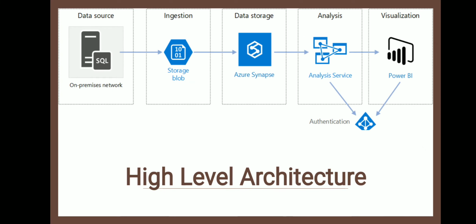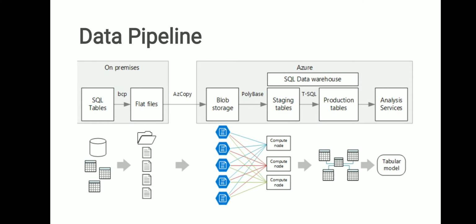Now we discussed the high-level architecture, the different components and why we are using different components in part 1. We discussed the data pipeline as well, and different recommendations for BCP, Azure Copy, Polybase, transformation from staging to production, and then implementing the Azure Analysis Services semantic model.